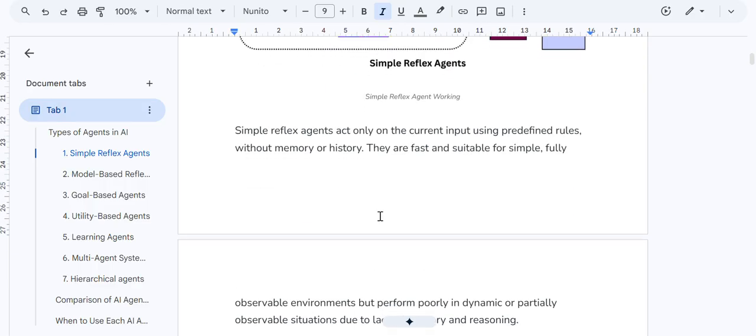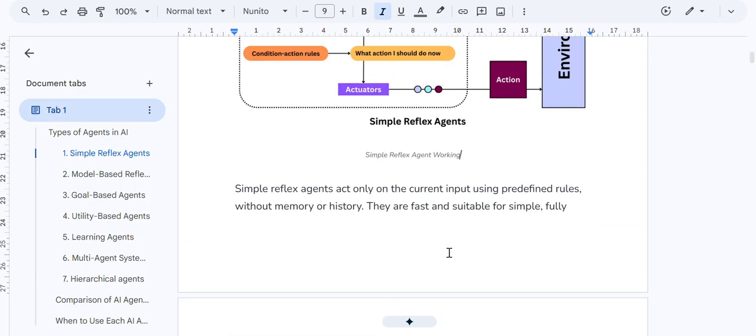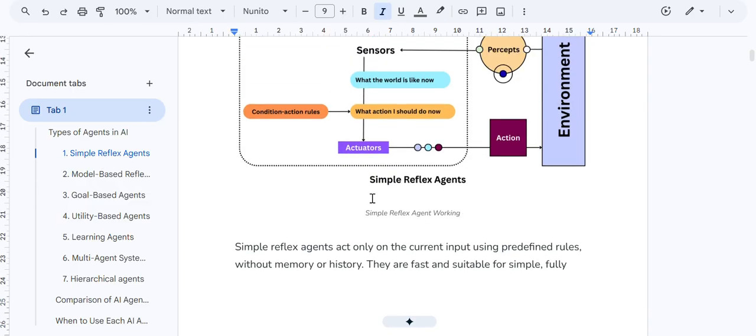Simple reflex agents act only on the current input using predefined rules, without memory or history. They are fast and suitable for simple tasks because there is no history or memory included, and no thinking like a large language model.